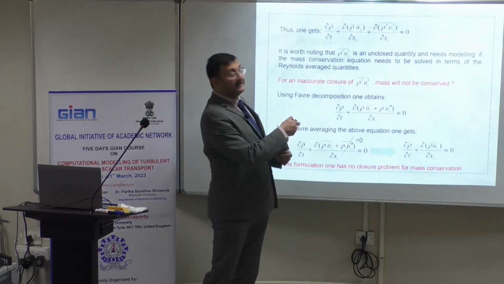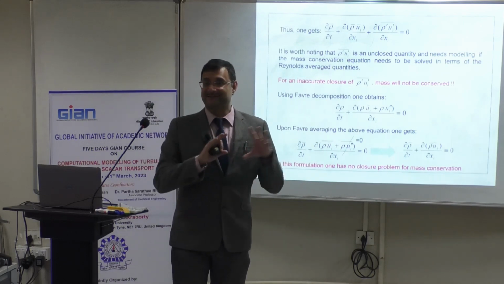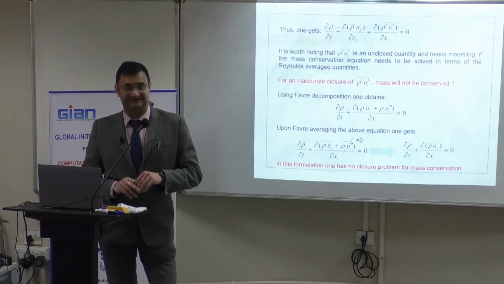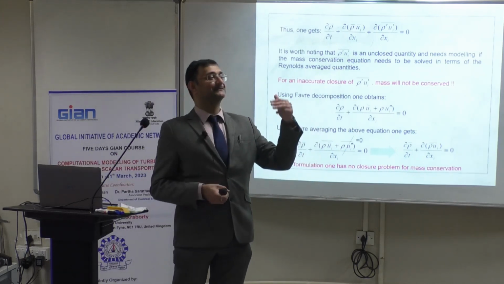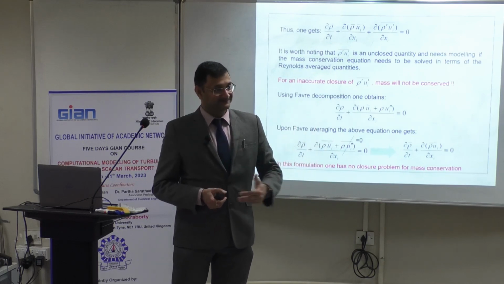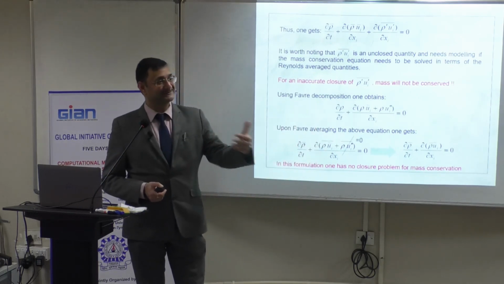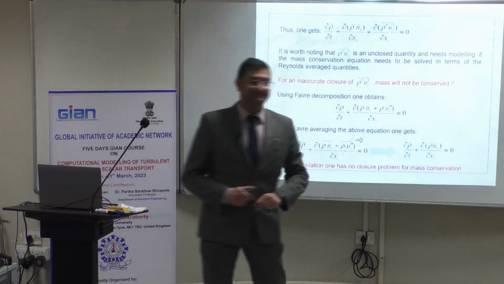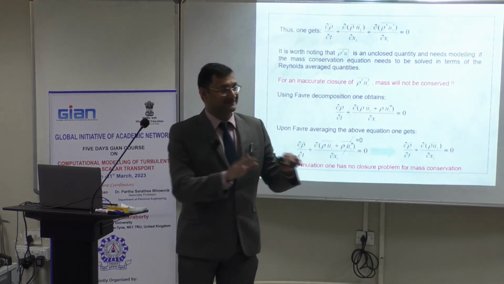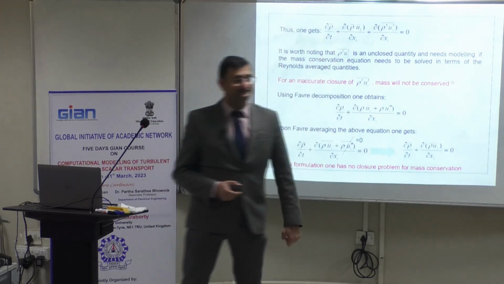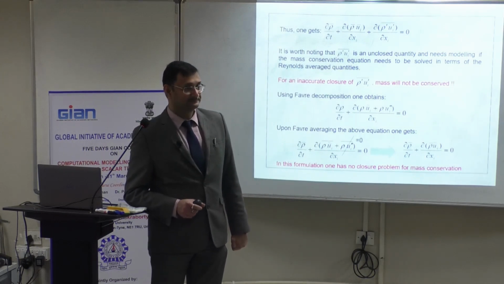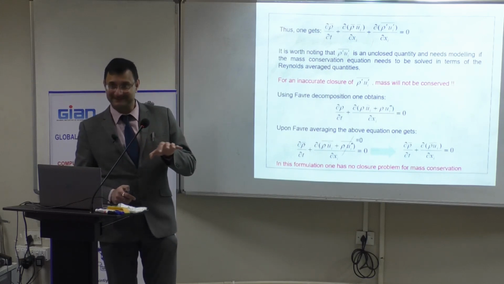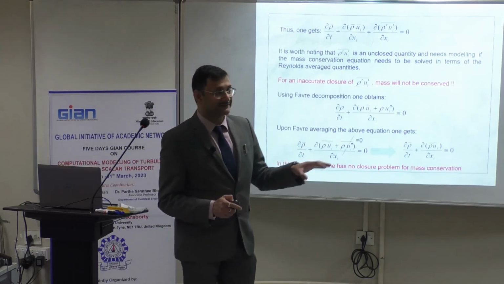In that case, at least the mass conservation equation does not have any kind of approximations. Obviously, the momentum conservation equation will depend on the model. The scalar equation will depend on the model. The energy equation will depend on the model. But at least mass will be conserved, which is a better state than this one. Clear? So hopefully you can appreciate the motivation behind Favre averaging, why Favre averaging is used instead of Reynolds averaging.